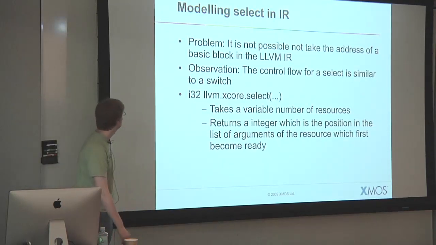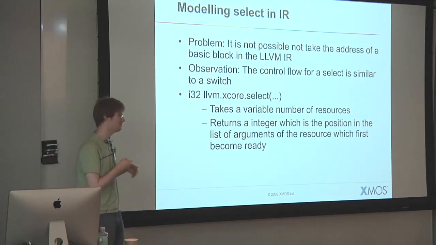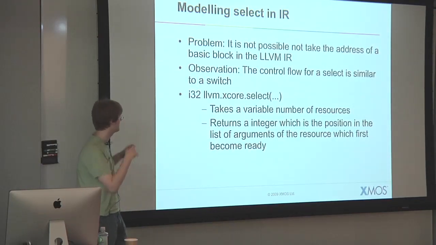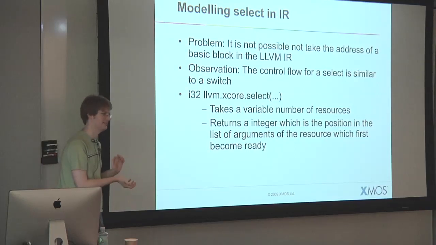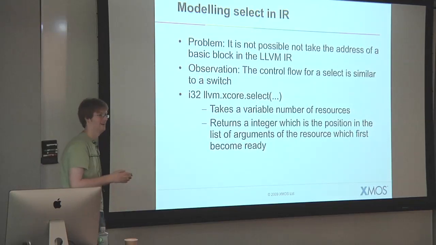It wasn't obvious initially how to model this in the LLVM IR, because in the LLVM IR you can't take the address of a basic block. So you couldn't model the set V, the set vector instruction, as an intrinsic. But the observation is we've made the select statement look like a switch in C. So the idea is to model it in the LLVM IR as a switch, which is implemented in hardware instead of with a jump table or comparisons.